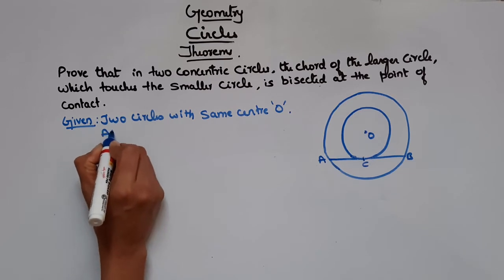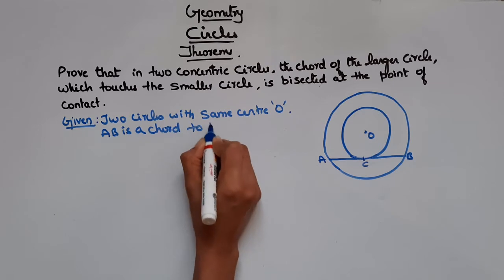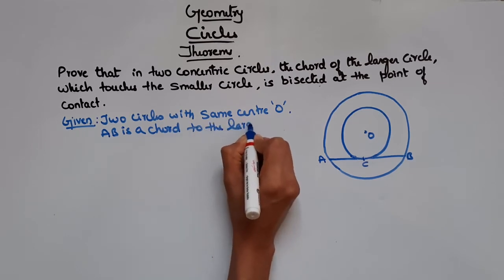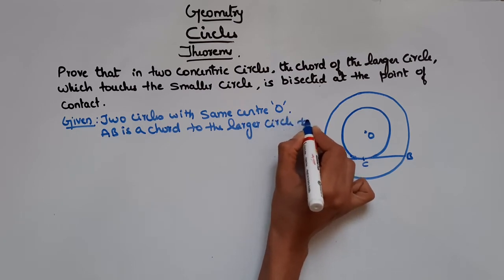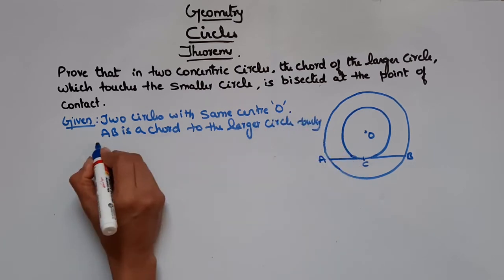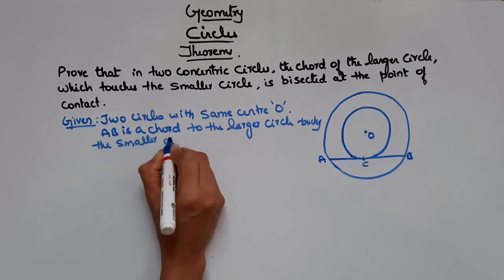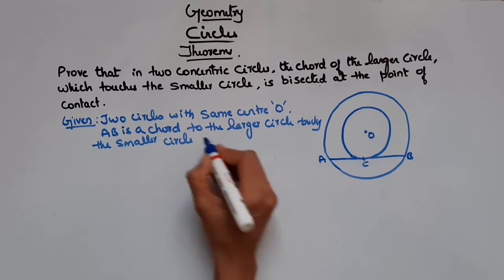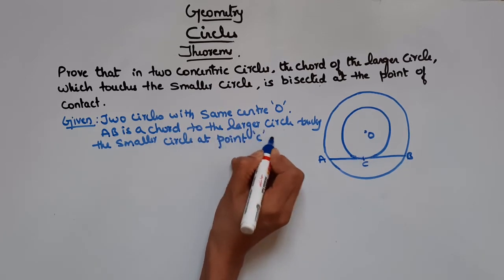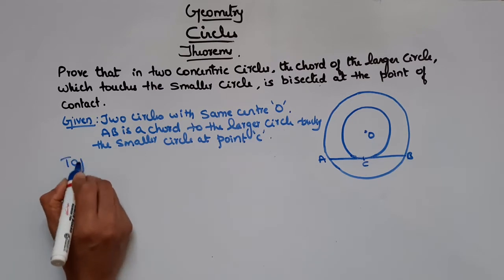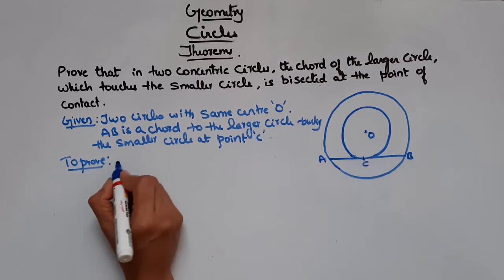So we have AB is a chord to the larger circle touching the smaller circle at point C, right? So now what we have to prove? To prove is that AC is equal to CB.